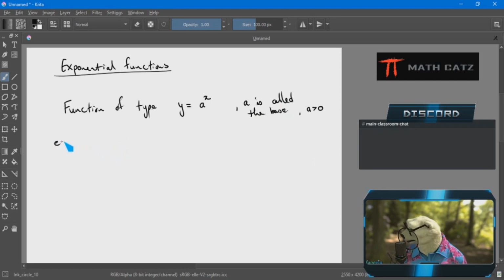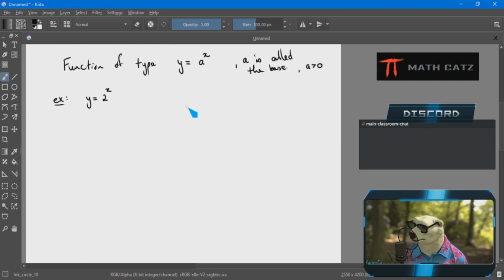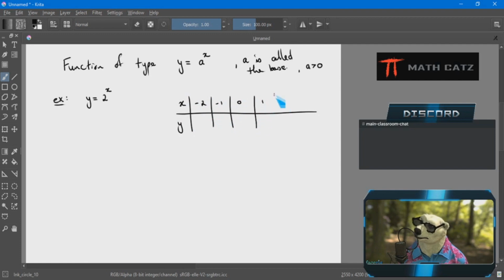So if I take, for example, y equals 2 to the x, I like 2 as my starting example, base 2, because it's easy to work with, I can make a little table of x and y values. Let's say I have -2, -1, 0, 1, and 2, and maybe a 3, and so on.